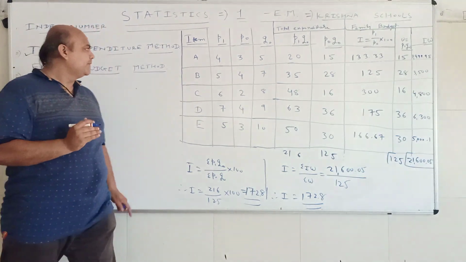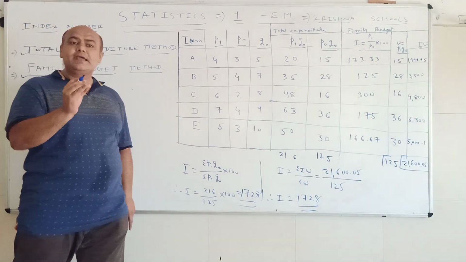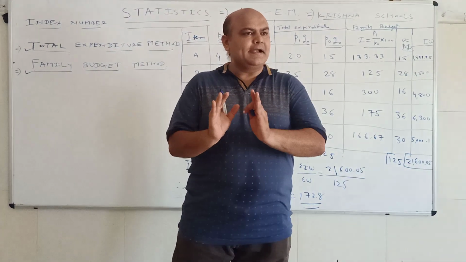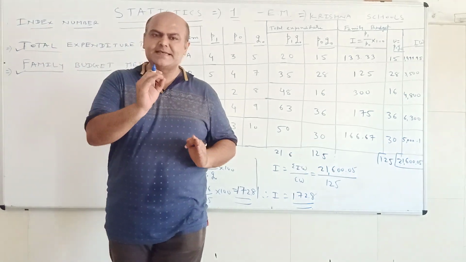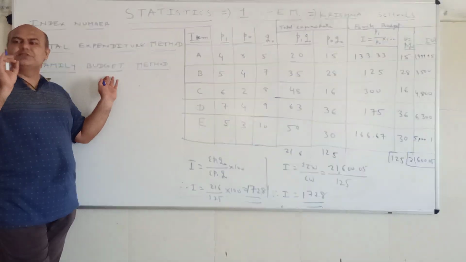The another name of total expenditure method is aggregate expenditure method. Aggregate expenditure or total expenditure, both are the same method, and the next is family budget method.